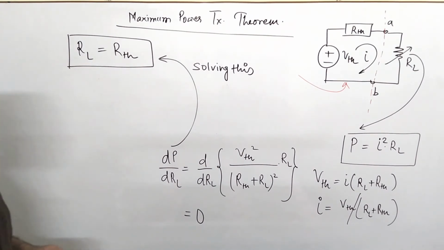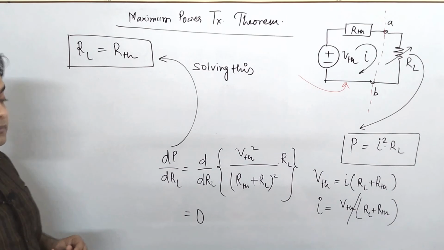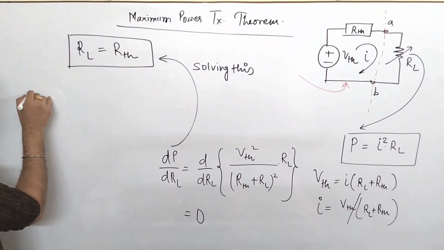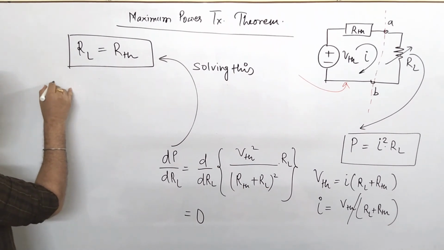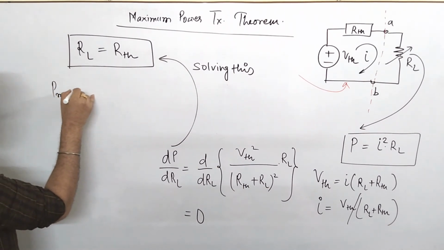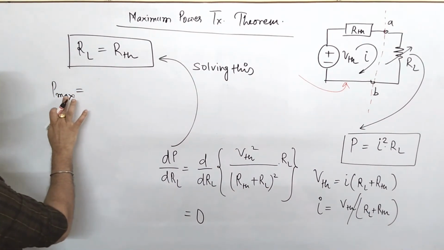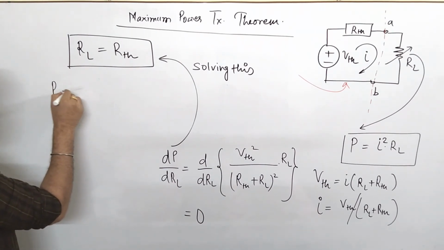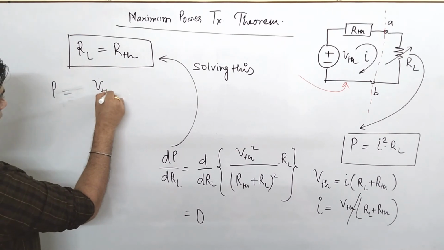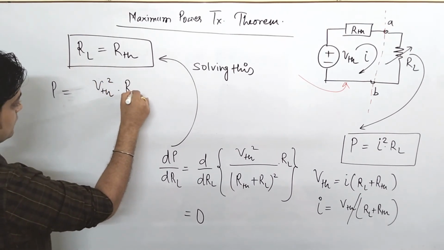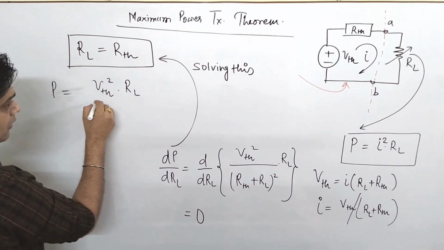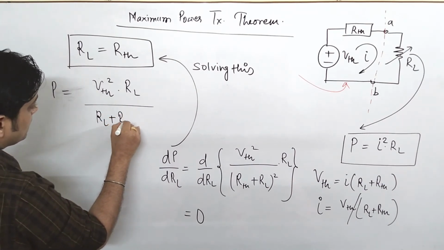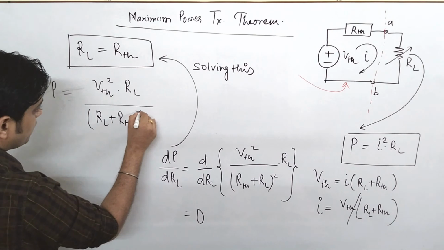Now your question is, what is that maximum power? So we'll see what that maximum power is. First of all, we'll write the power P. That power is VTH square into RL upon (RL plus RTH) whole square.